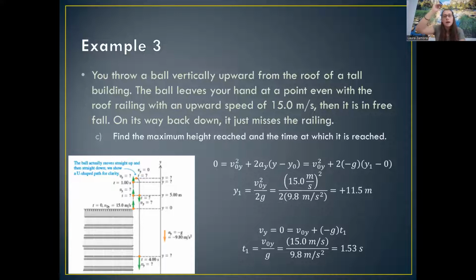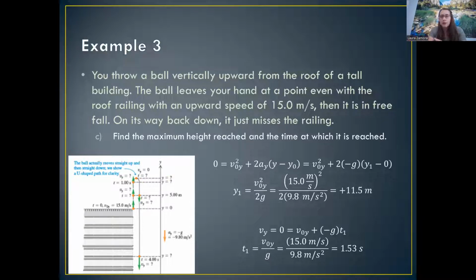Maximum height, the ball will not go above the maximum height, which means at that height, the velocity is momentarily 0. So if we take that to be our final velocity, 0, right before it starts coming back down, when it's changing direction, its velocity is momentarily 0.